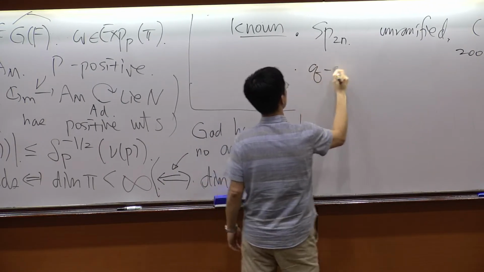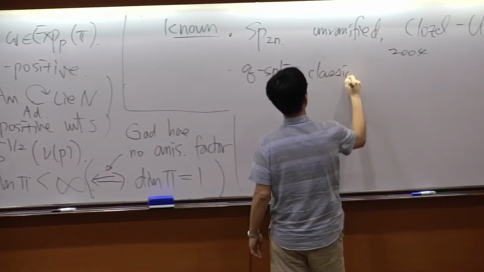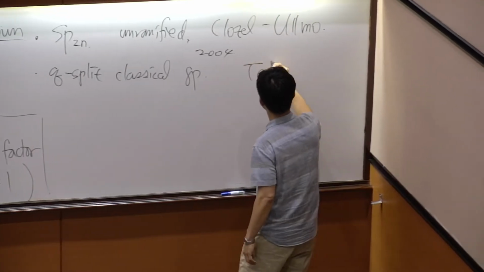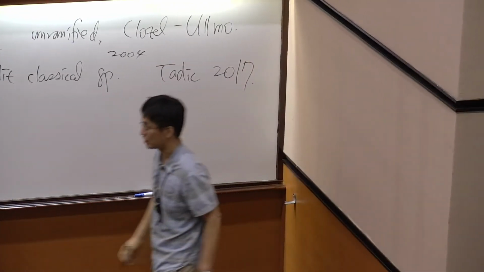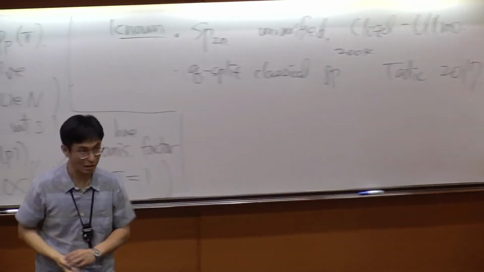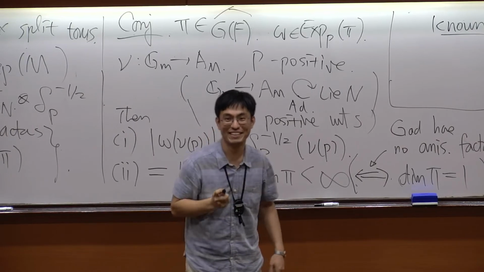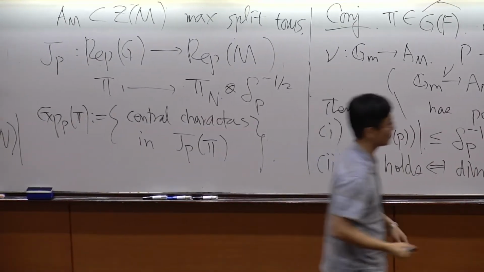And if I have a quasi-split classical group, then I've seen Tadić basically prove this. It's quite recent, actually, and it appears in the Shahidi volume, right? In a paper dedicated to Freydoon.